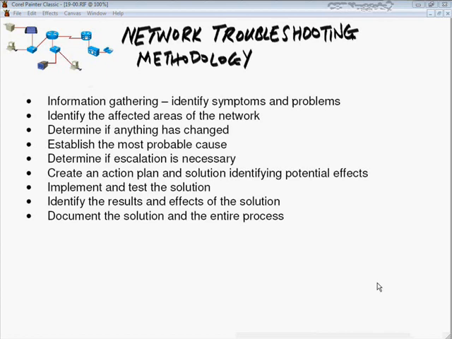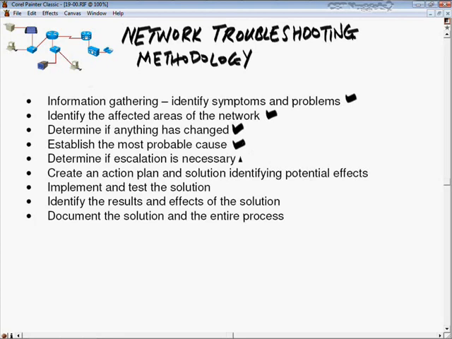I'll just break them down for you real quick. We're going to cover these. Step 1 is information gathering. Step 2 is identifying the areas of the network that are actually affected by the problem. Find out if anything has changed in the network. Establish probable cause. Sounds like a criminal investigation, and you know what? Sometimes it may be a criminal act that causes you to troubleshoot.